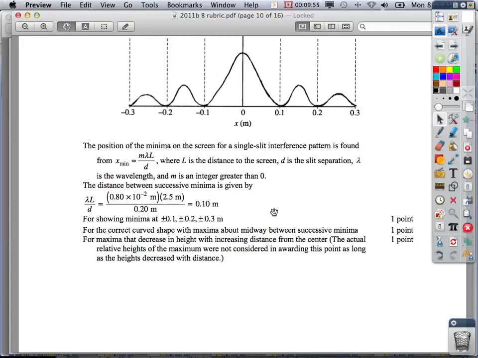So they use a different equation to say x min.